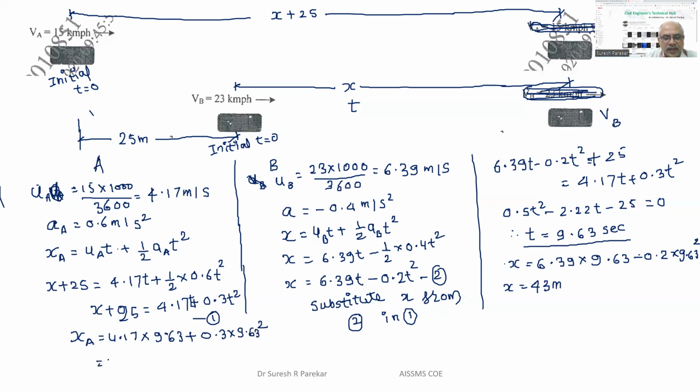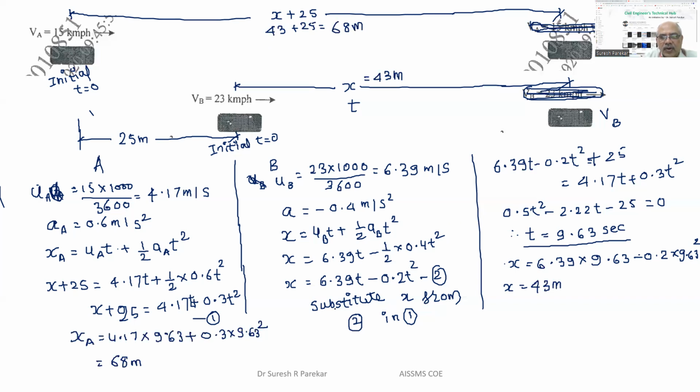If you calculate, we have this value, 68 meters. So you can see x is equal to 43 meters, and from A, this distance is obviously 43 plus 25, equal to 68 meters.